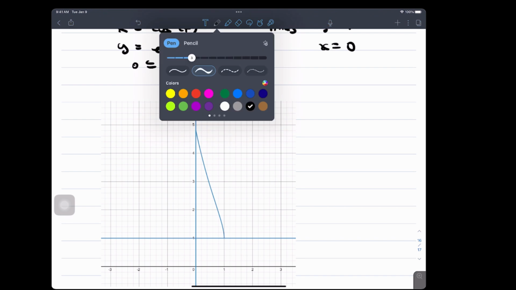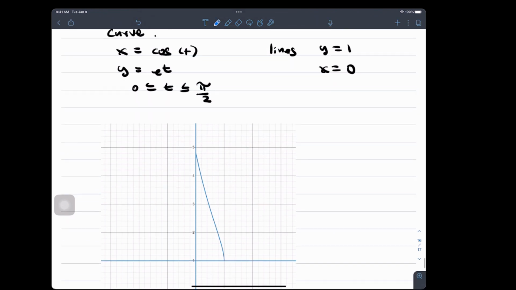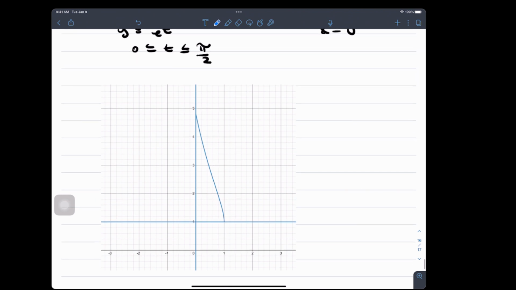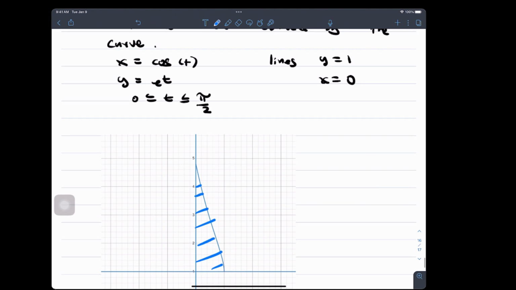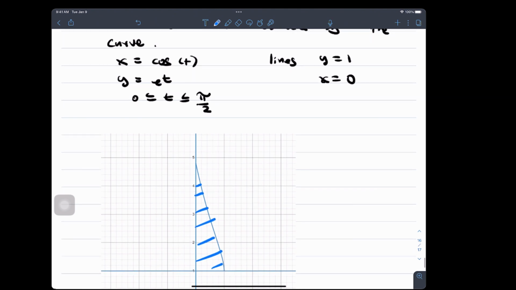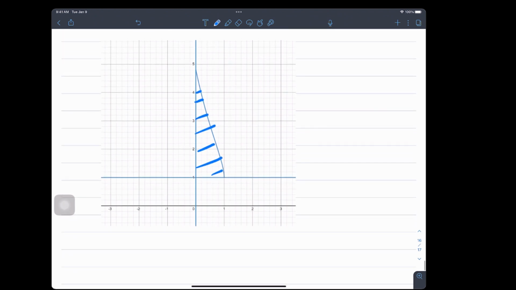So you might say, what are they asking us to do? Do you guys remember Calculus 1? Bounded area questions? We're looking at this here. Okay, you guys okay with that? Now, how do the bounded area questions work? Area is going to be, do you remember, the top curve minus the bottom curve?